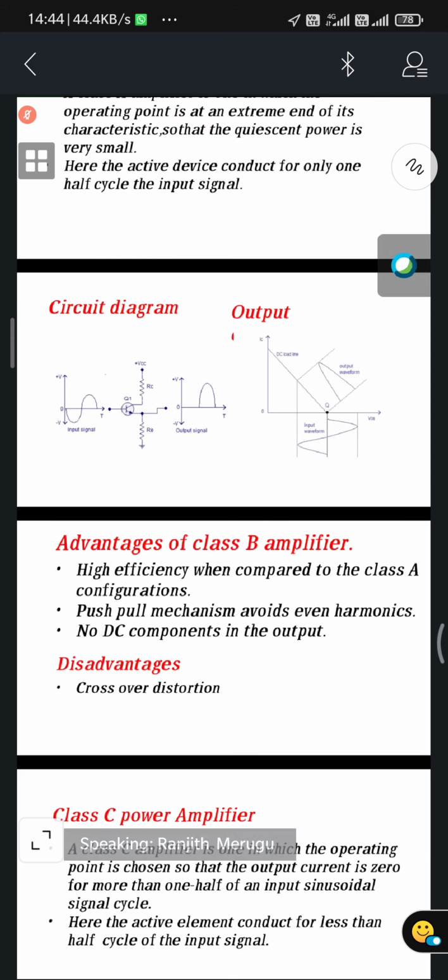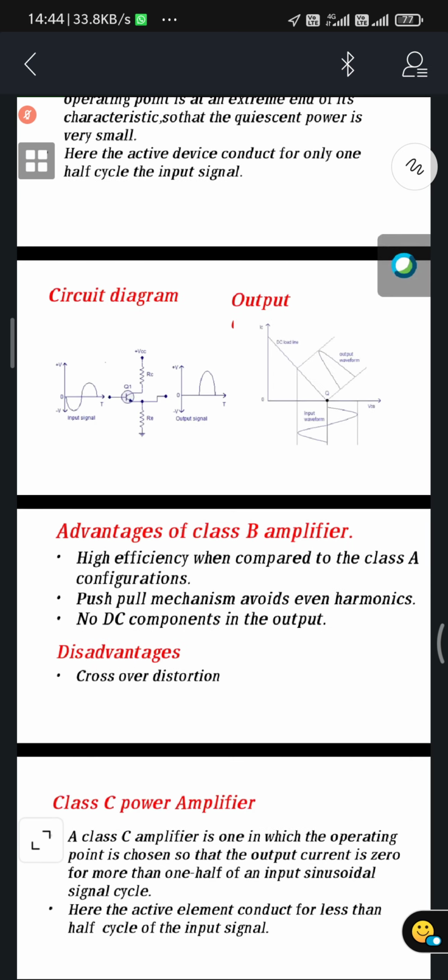There is a push-pull type of mechanism. It means we are going to use two transistors, where one of the transistors is used to push out the harmonics and the other transistor is used to pull out the harmonics. That is the push-pull mechanism. Just for reference, I am mentioning it, and this avoids the even harmonics.